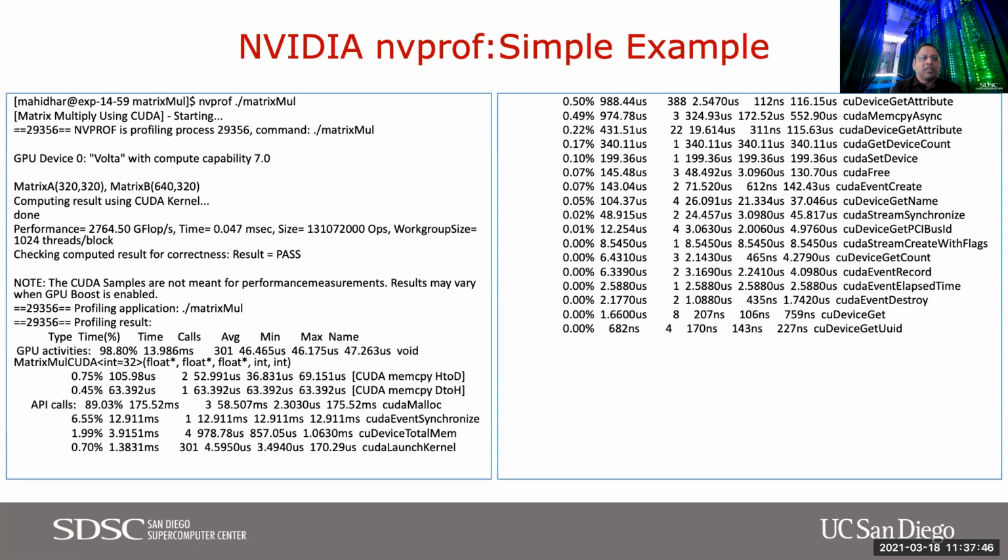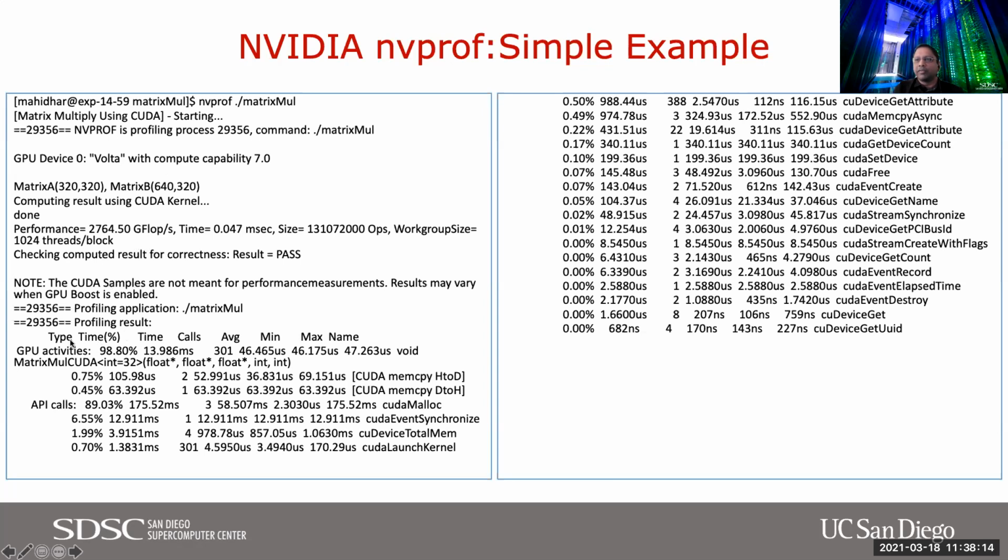So the simplest thing you can do is just run it with no options. So basically run nvprof. In this case, I looked at the matrix multiplication example, and you can see there is output that's corresponding to what the code is putting out. So it's telling you what kind of GPU device it is, and it's doing the matrix multiplication and some performance info.